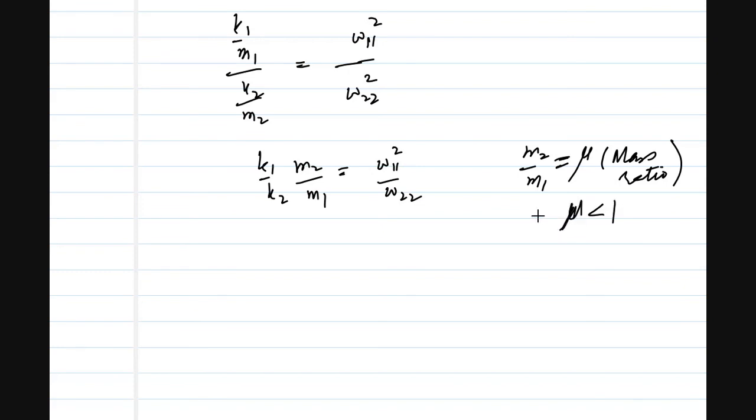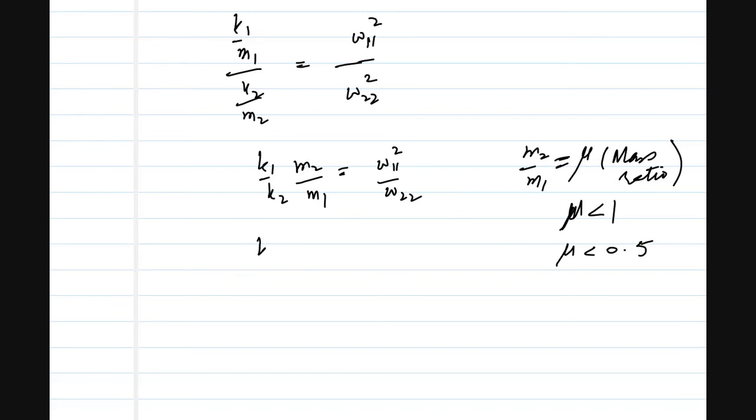If it is greater than 1, there is no advantage of installing an absorber, because if the machine is 100 kg and you attach an absorber mass of 200 kg, it doesn't make any sense because you're adding more mass. So the main idea behind adding a vibration absorber is that your absorber mass must be less than your machine mass. If I quote you a real value, it should be less than 0.5. Theoretically this ratio mu should be less than 1, practically it should be less than 0.5 or at most 1.5, not more than that.